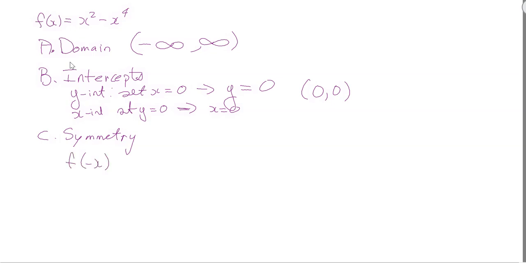F of negative x is negative x quantity squared minus negative x to the fourth, which will be x squared minus x to the fourth. So if f of negative x is equal to f of x, we have even symmetry.